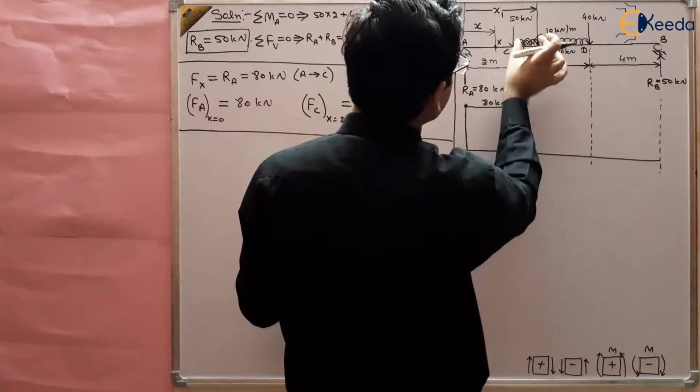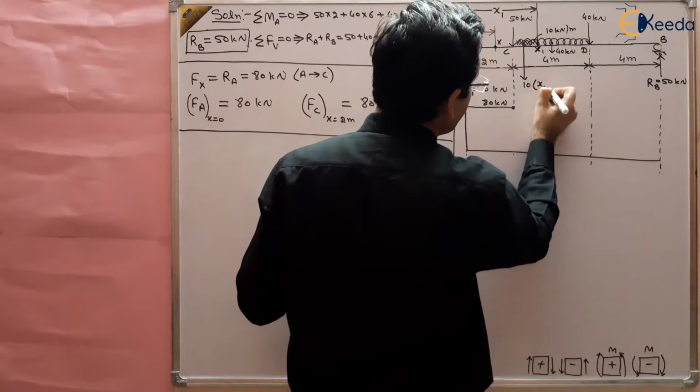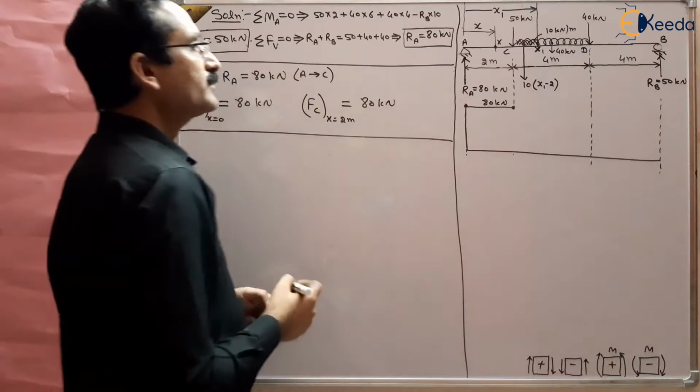This distance is Cx1, and Cx1 is x1 minus 2. So this is a load: 10 multiplied by x1 minus 2.